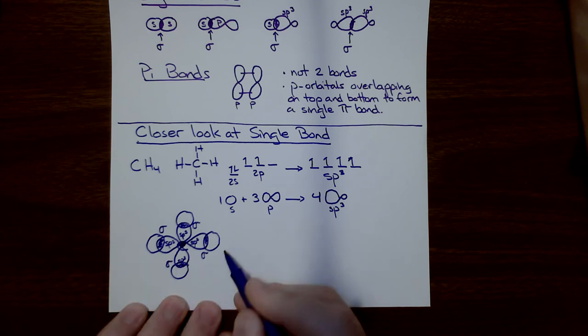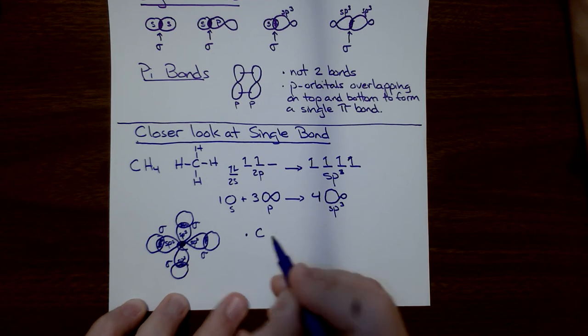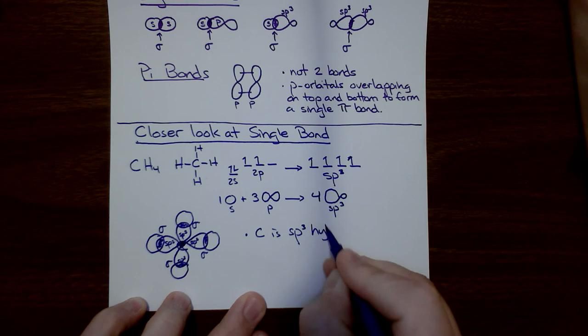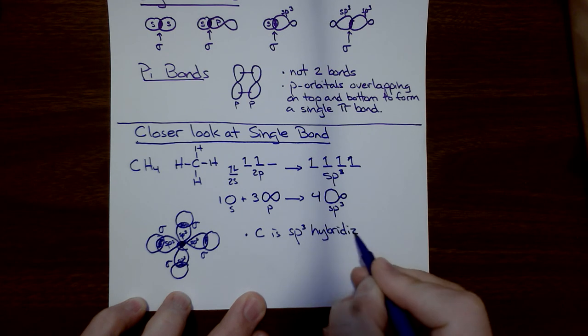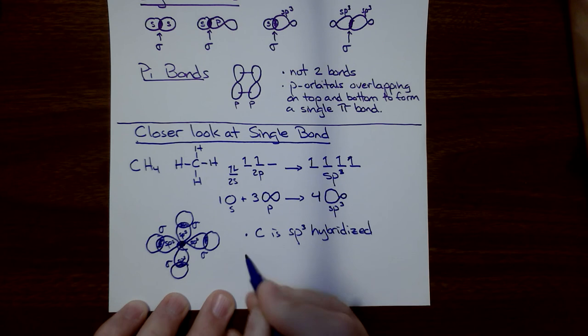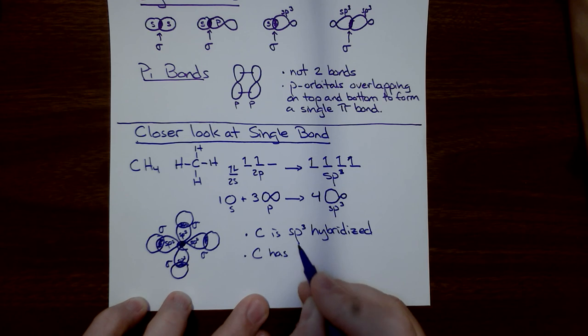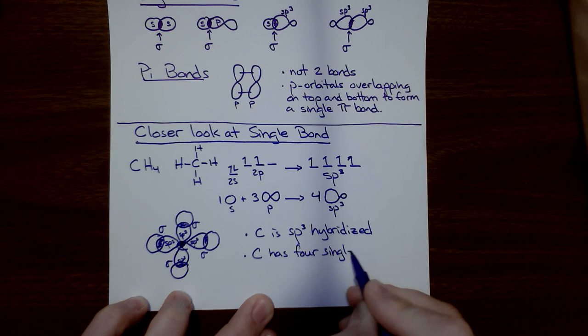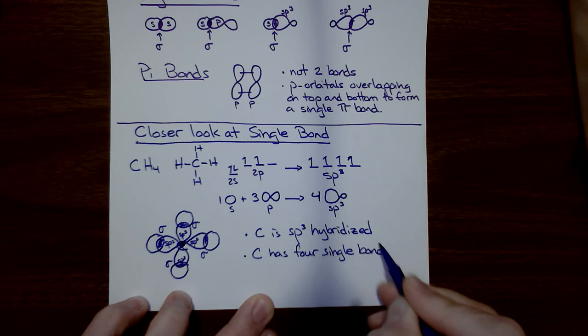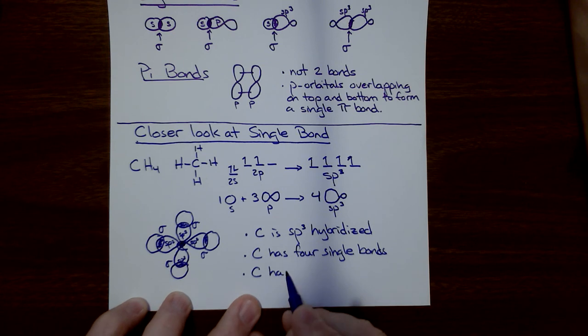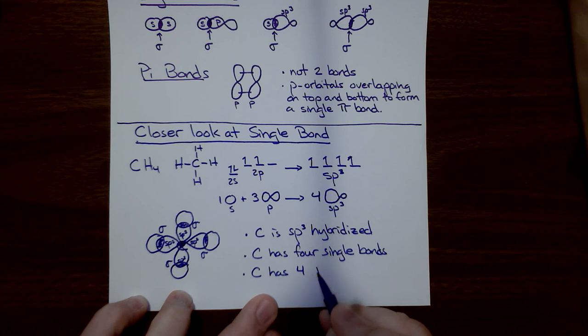And so you can see, in this case, carbon is sp3 hybridized. And carbon has 4 single bonds, and each single bond is a sigma bond, so carbon has 4 sigma bonds also in this case.